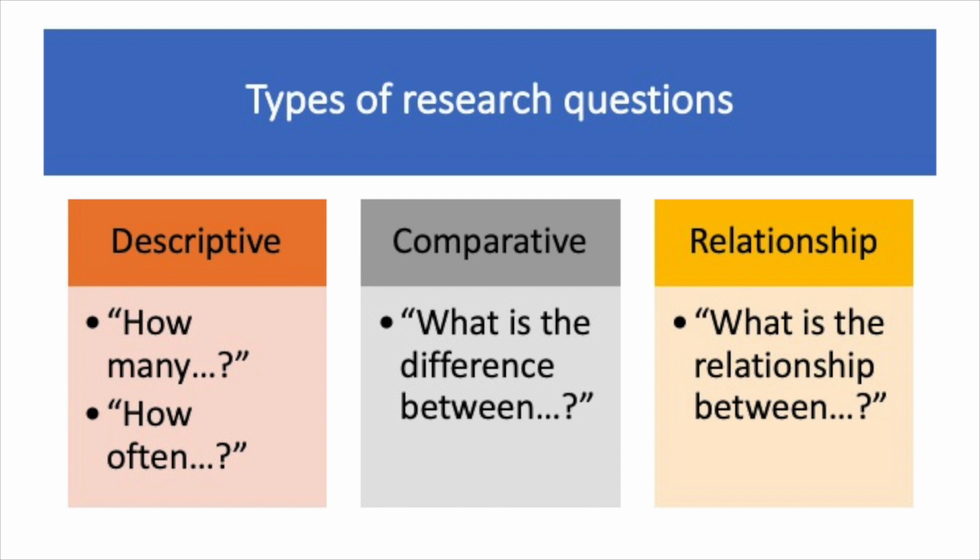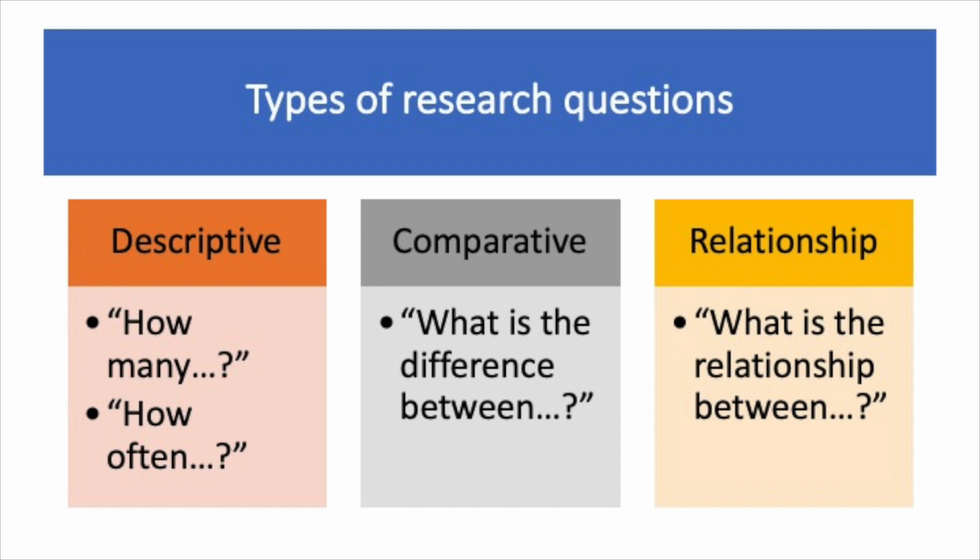We could think about the relationship between socioeconomic status and cardiovascular disease. I think I use that example a lot, but it does overlap with sociology and public health, so it seems appropriate. That would be a relationship question. Now maybe we want to combine our relationship question with a comparative question.